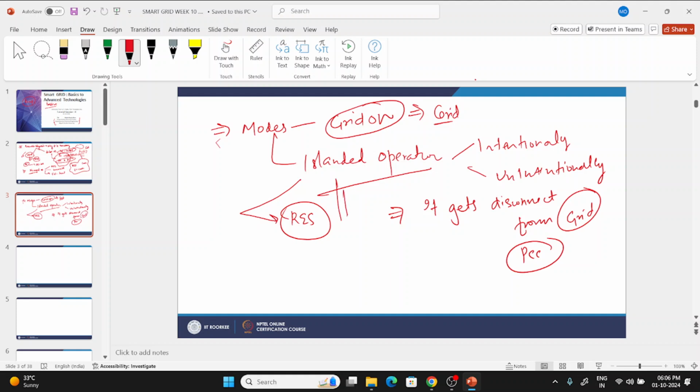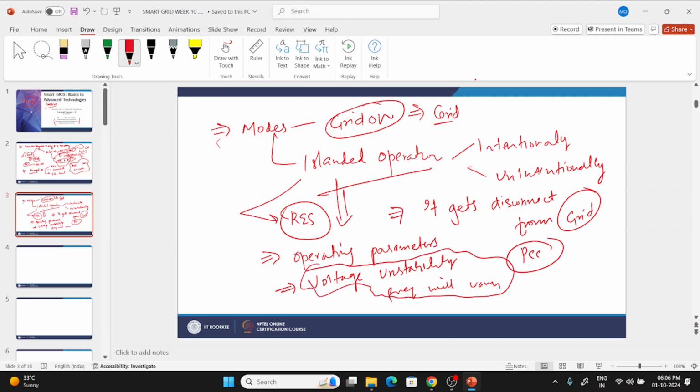There are various problems in the microgrid, because whenever the supply gets disconnected due to inertia or various other things, the operating parameters of the microgrid get disturbed, like voltage instability, and frequency will vary. For these, I have talked about various control techniques, how we can control the voltage and stability, and how we can smoothen our frequency.